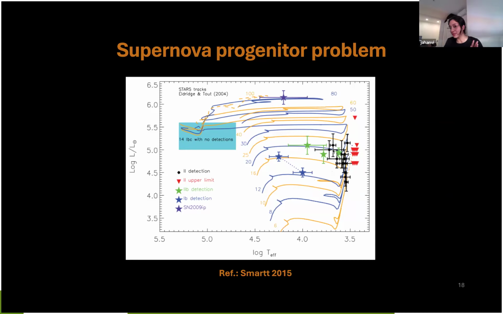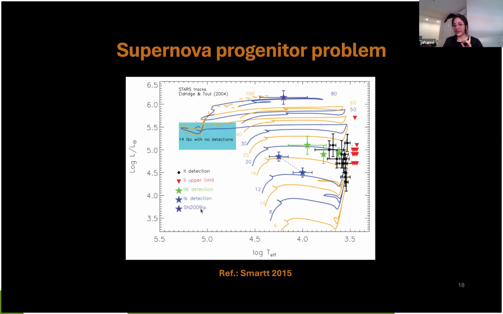These data points here, the black ones, are the detections, and the inverted red triangles are the upper limits. These lines are the stellar tracks, which are from Eldridge and Tout. What we see here is that there is no detection above the luminosity limit of 5.1, which if we translate into mass using this particular stellar track, comes to 18 solar masses. So this implies that progenitors above 18 solar masses are missing.